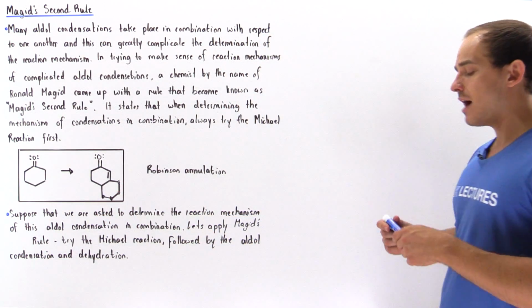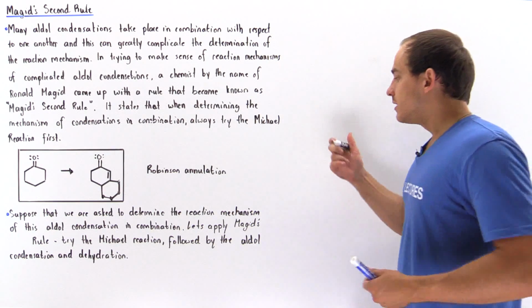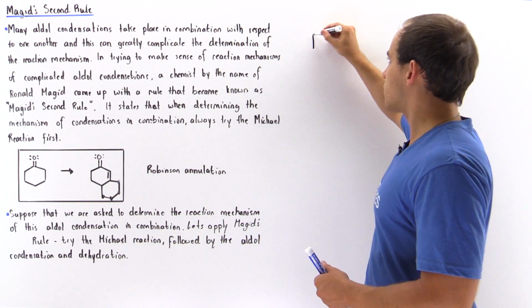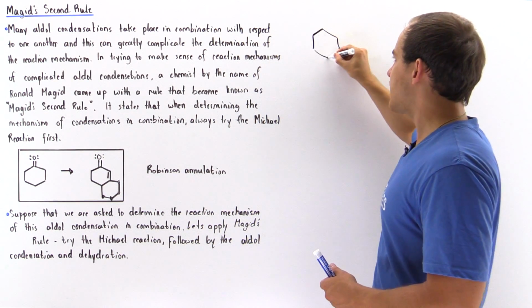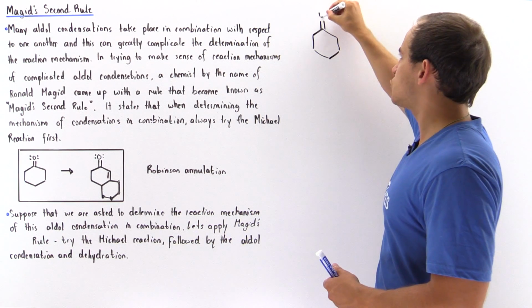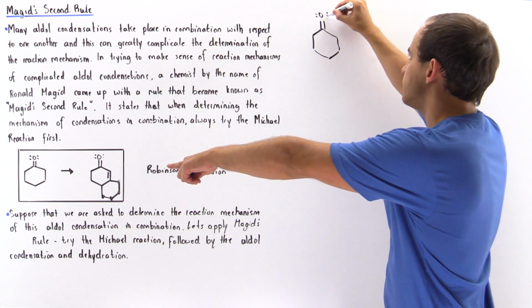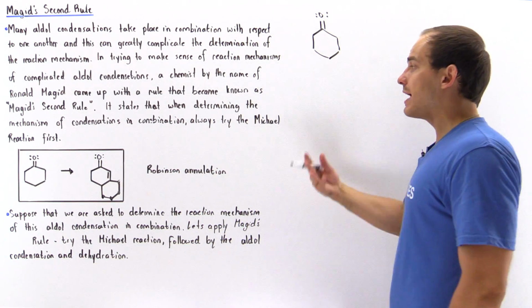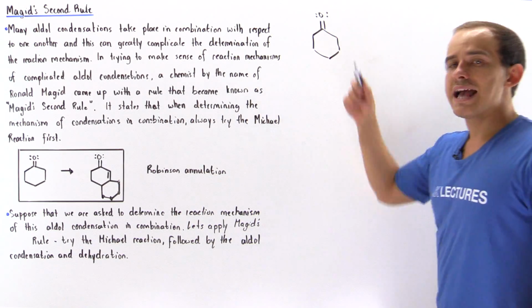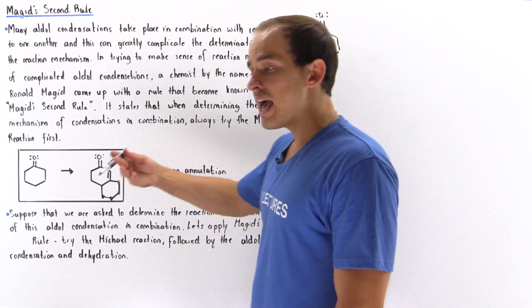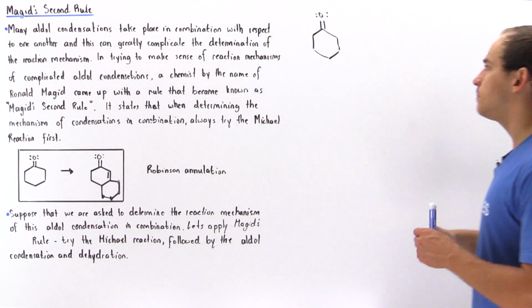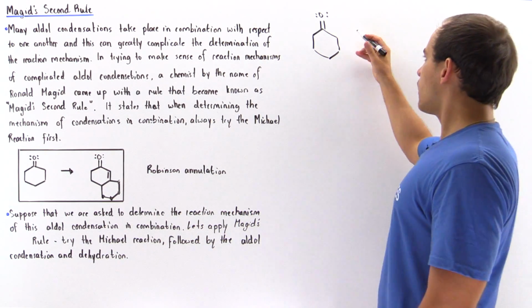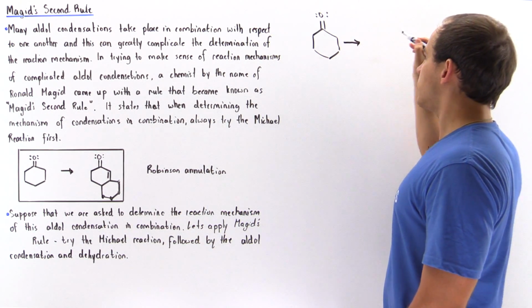the subsequent dehydration reaction. So let's begin with reaction number one, in which we have our reactant, which is this ketone shown on that side of the board. And basically, in the Michael reaction, this acts as a nucleophile, and it will attack some type of carbonyl molecule. So the first step is to form our nucleophile.